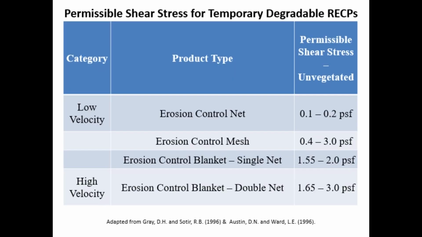Over the years, various channel lining materials have been evaluated by independent researchers and approximate performance capabilities determined. General permissible shear stress ranges for generic categories of temporary degradable rolled erosion control products have been shown to be able to resist up to about 3 pounds per square foot of hydraulic shear.